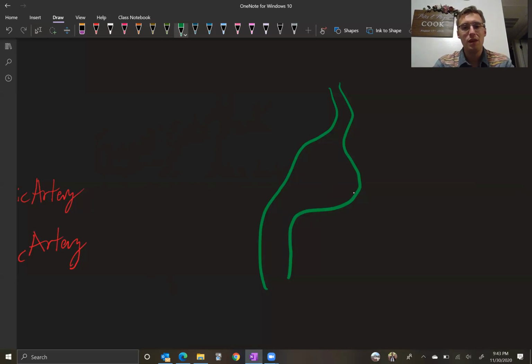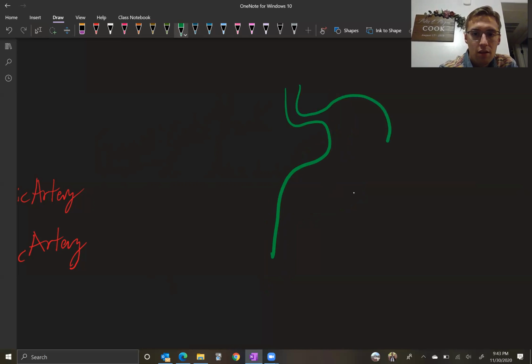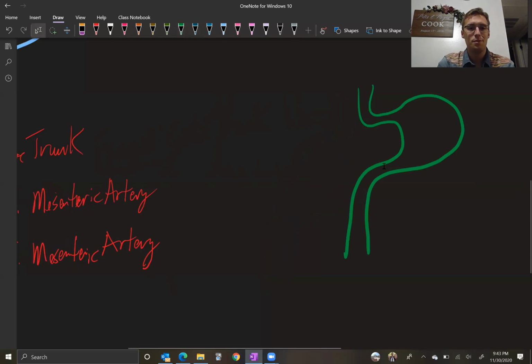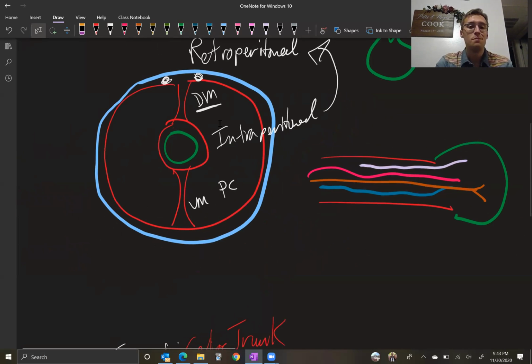About week 7 to week 8, after this has developed a bit more, and it starts to look more like this, we get a 90-degree rotation. So if we go back up to this guy right here, this mesentery is extended dorsally and ventrally.